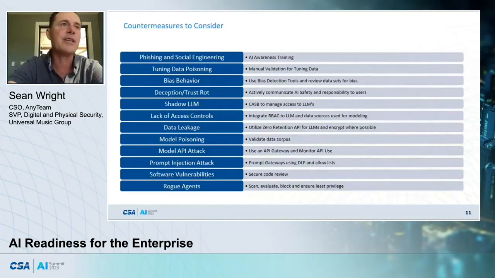So having those rogue agents in your environment, you want to give some consideration to scanning or evaluation, monitoring, and ensuring least privilege for data sources that may be being utilized by those rogue agents.